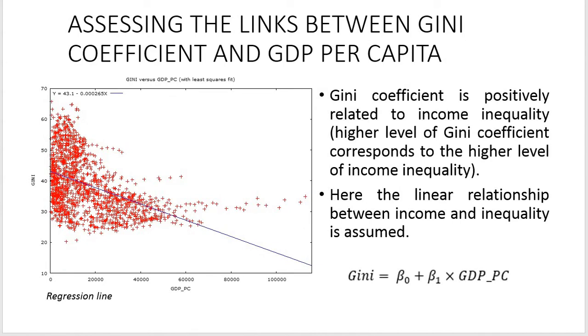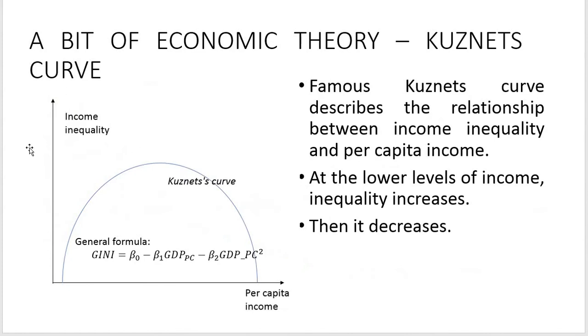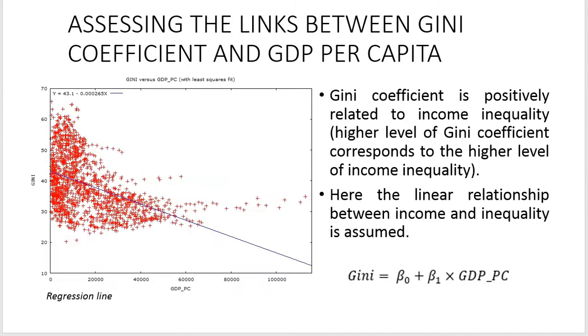Again, for this I've taken the income inequality data set, and I took Gini as the dependent variable and GDP per capita as the independent variable, just to estimate the relationship between income inequality and per capita income, where the latter is the independent variable.